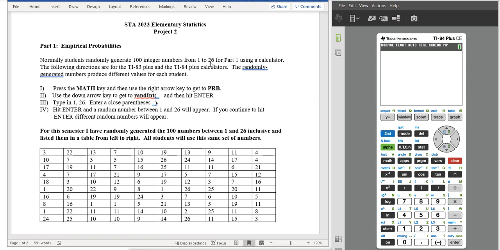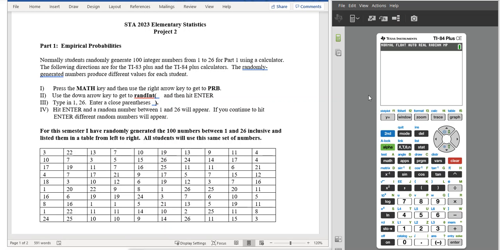Any counting number from 1 to 26 you'll come up with when we come over here and hit this button in the calculator. That's just for part one. This table is only for this first part.